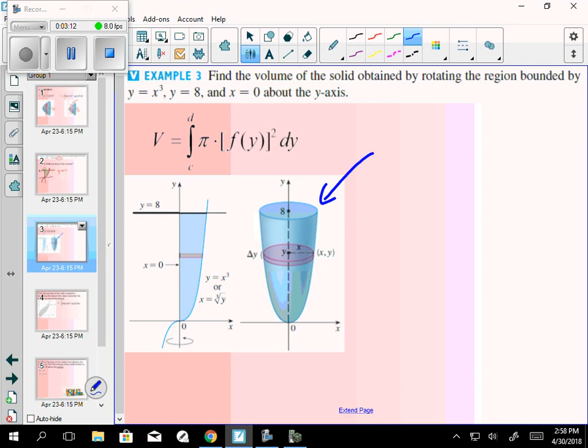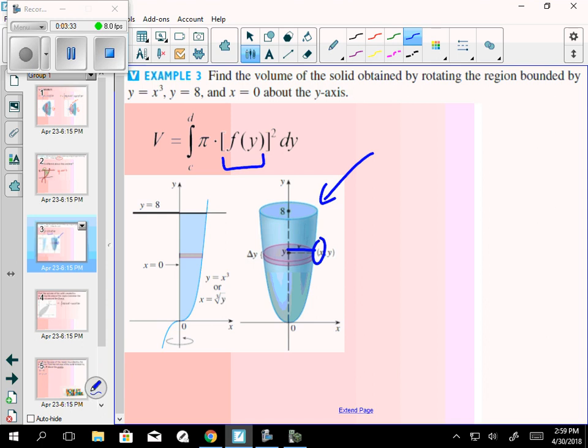It's still going to be a circle, but our radius is now going this way. It's not up and down anymore. So that's going to be actually an x distance, not a y distance. And so our function now is going to be an f of y, not an f of x.